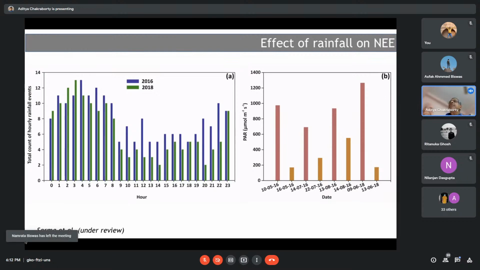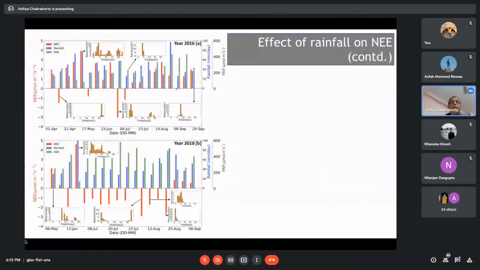So what we have seen here is that 2016 is characterized by more rainfall during the daytime, and 2018 is characterized by more rainfall during the evening or night time. Because of these two different environmental conditions, 2016 was less productive than 2018, and that also made 2016 a source of carbon and 2018 a sink of carbon.